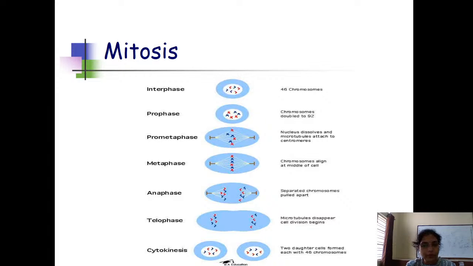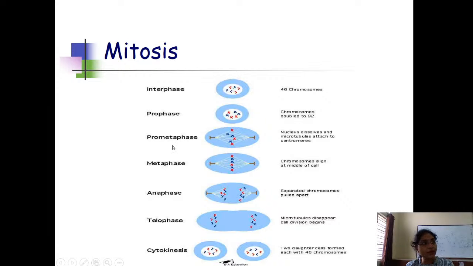I know that all of you have mitosis and meiosis very fresh in your mind. In mitosis, there are phases: interphase, where there are 46 chromosomes. Then prophase, where chromosomes get doubled to 92.